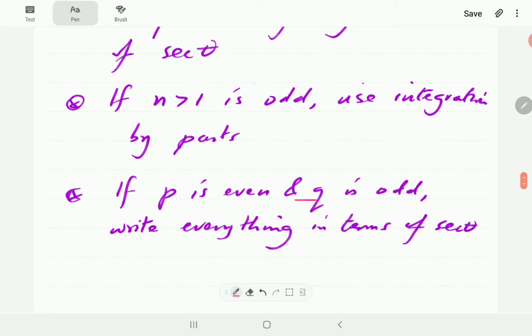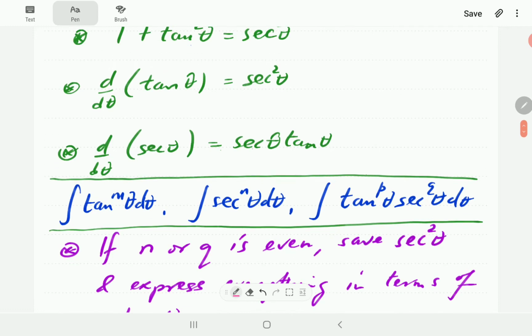Lastly, if p is even and q is odd, we write everything in terms of secant. So if p is even, q is odd, we just write everything in terms of secant and then use the methods we've talked about for evaluating those ones.